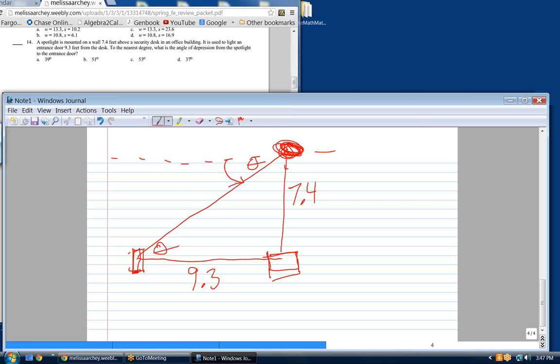That is that angle right there. In other words, if this spotlight were pointed like this, how much would you have to lower it so that it points at the door? I have to lower it this amount, theta. So that after I lower it, it looks more like this.